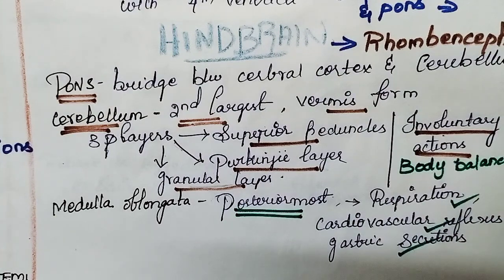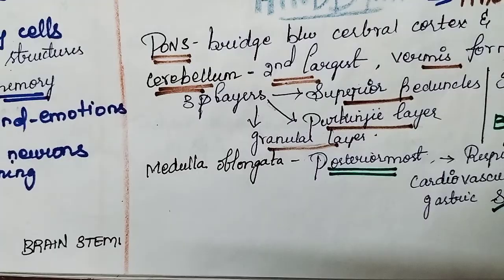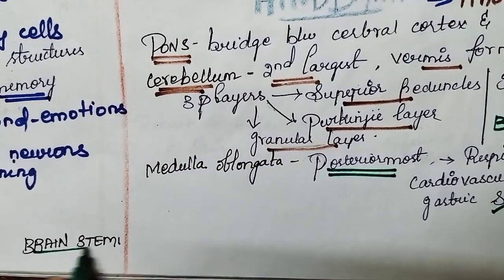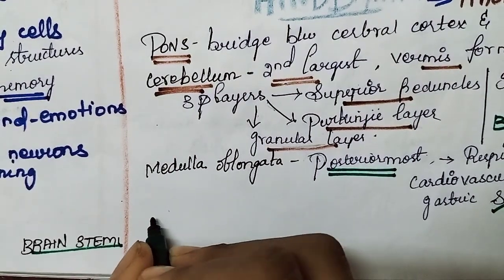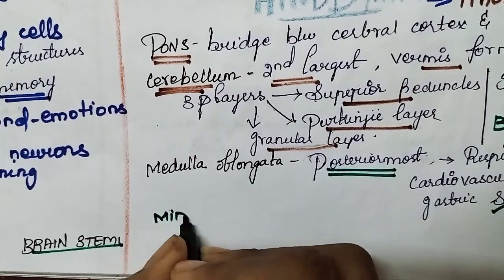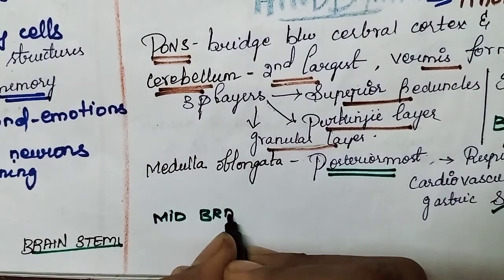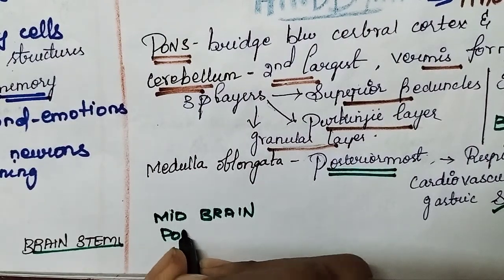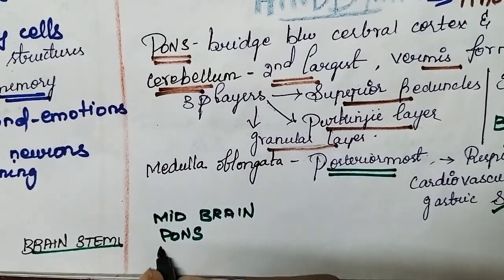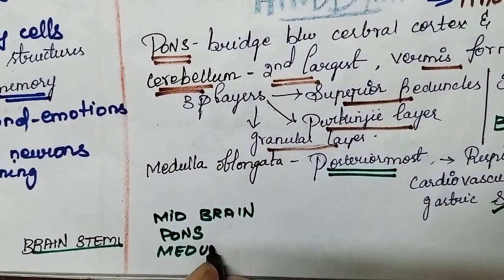Next we will move on to the brain stem. Not much to know about the brain stem. The major parts of the brain stem are the midbrain, then the pons, and then the medulla oblongata.